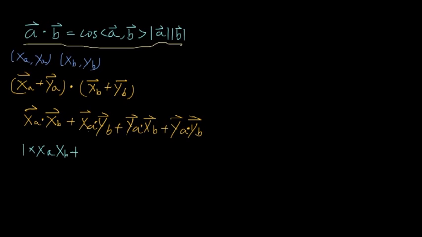And XA dot YB, XA is toward the positive x direction and YB is toward the positive y direction. Their angle is 90 degrees, and cosine 90 degrees is 0, so I'll just write 0 here. And YA dot XB, same thing, cosine 90 degrees is 0, plus 1 times YA YB, and you'll get XA XB and YA YB.